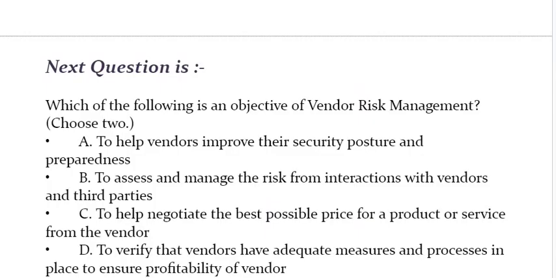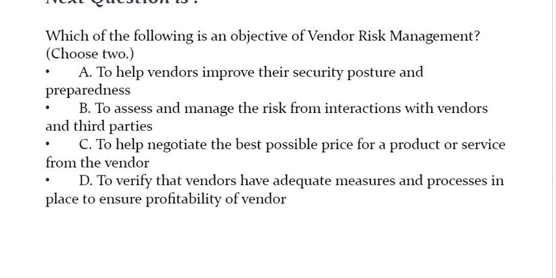Question is, which of the following is an objective of vendor risk management? Choose two options. Option A, to help vendors improve their security posture and preparedness. Option B, to assess and manage the risk from interactions with vendors and third parties.